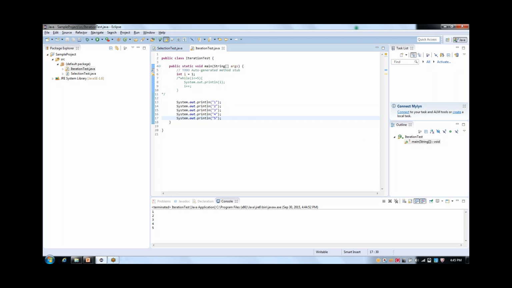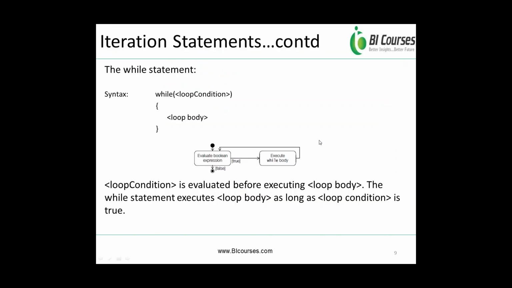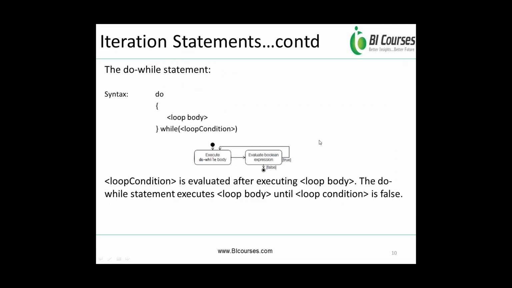We'll go to the next slide. The next one is the do while statement. In a while statement, first we check the expression, then the statement is executed. Whereas in a do while loop, first we execute the statement, then check the condition. So it is do, loop body, and while condition.